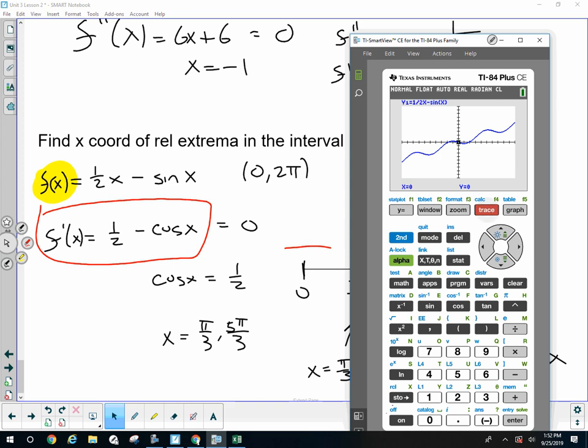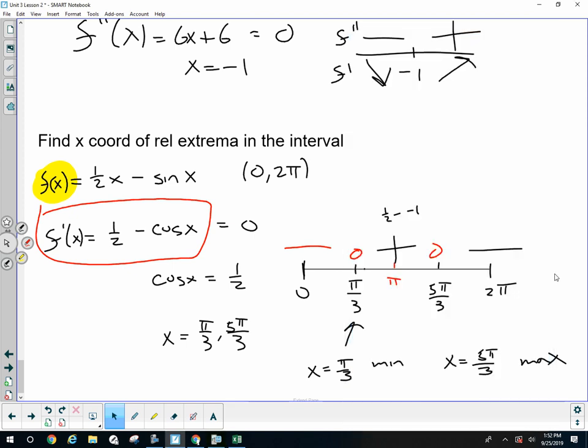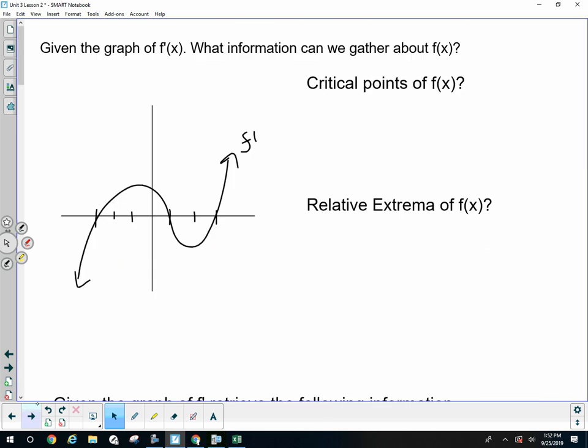We can see I have a min at pi over 3. I can plug in pi over 3, and there is a min. If I plugged in 5 pi over 3, I have a max. Okay, cool stuff. All right, let's pause for a second.